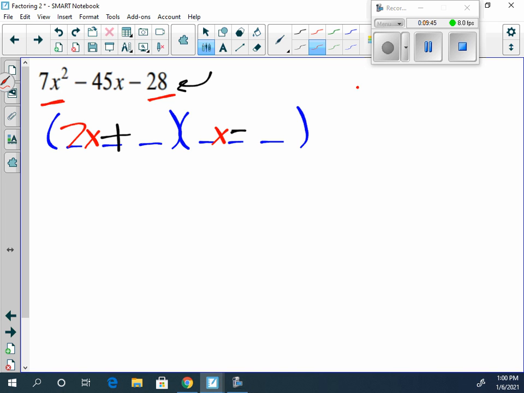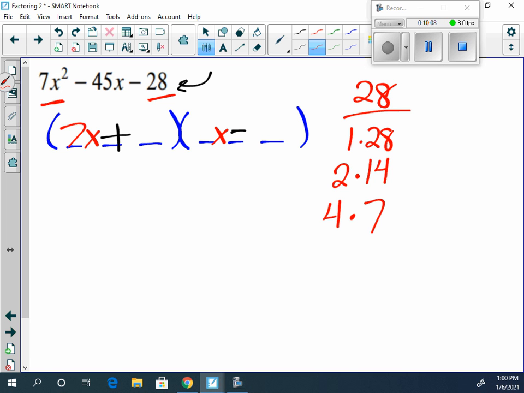But we do need to find the factors of 28. Now the factors of 28 are going to be 1 times 28, 2 times 14. 3 is not a factor, but we do have 4 times 7. So these here are our factors of 28.